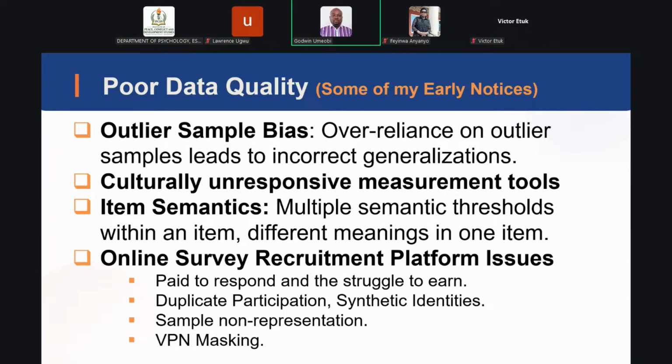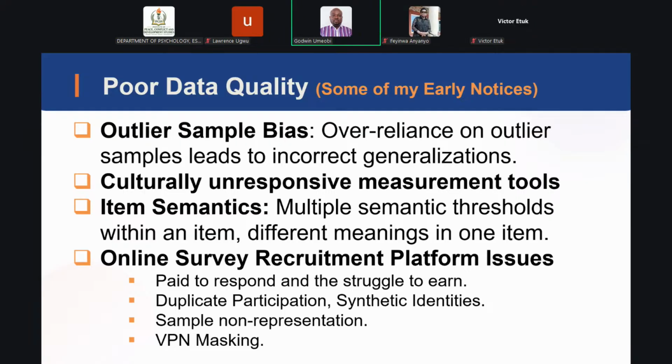And then you have the same person responding to the same data set at different times. That begins to create synthetic identities and compound the data. So you have a data set, and you think you have 1,000 participants, but you have about 600. They are just clicking.